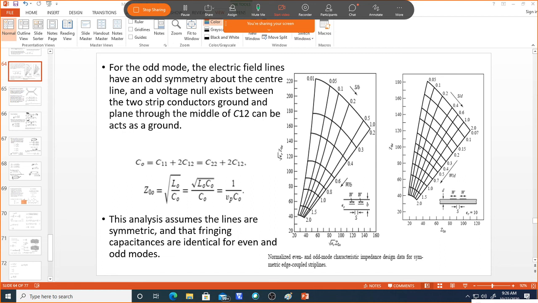Now we need to take the corresponding 55 ohm which is coming, so mark it here. What is the even mode impedance? Around 55 point something, and your odd mode impedance is 45.22, so somewhere here.